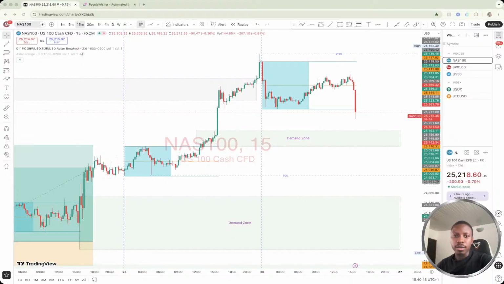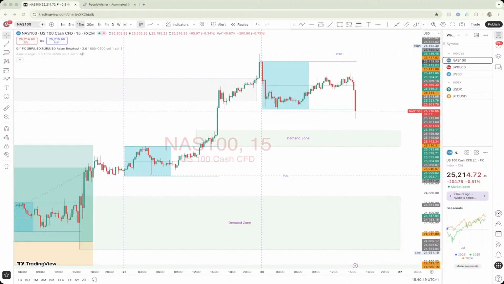So I'm still going to be here. I'm just going to quickly do something, but I'm still here. All right, so we're still waiting for Nasdaq to finish the first 15 minutes candle.